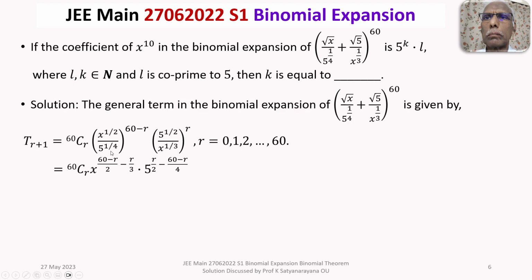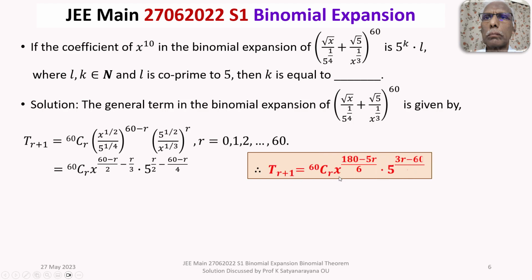From the first one, it is 5 to the power of minus (60 minus r) by 4. For the powers of x, take the LCM, which is 6: 180 minus 3r minus 2r, that is 180 minus 5r by 6. So that will be equal to 60 C r x to the power of (180 minus 5r) by 6.